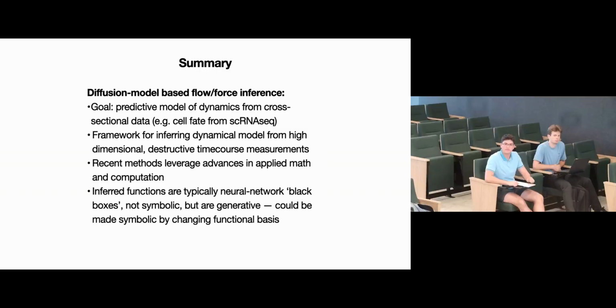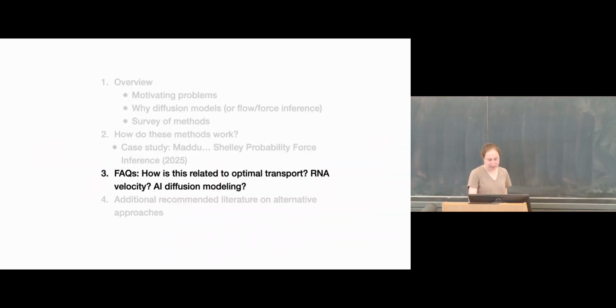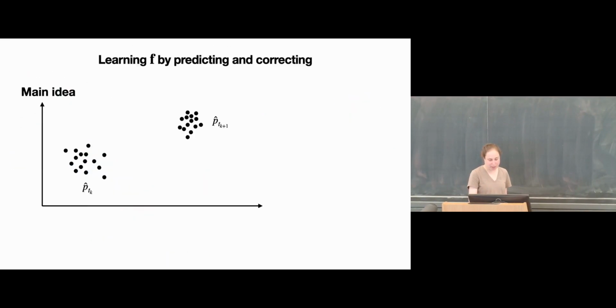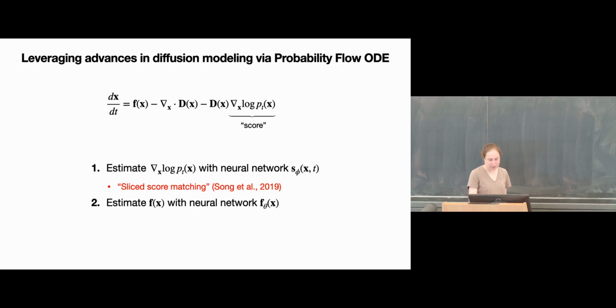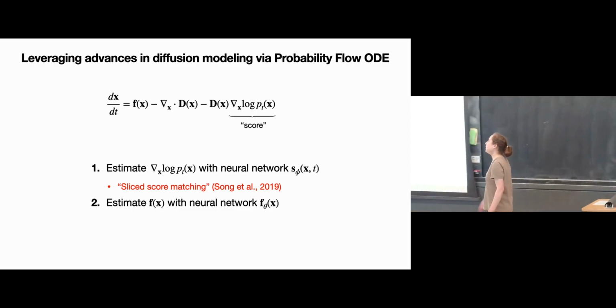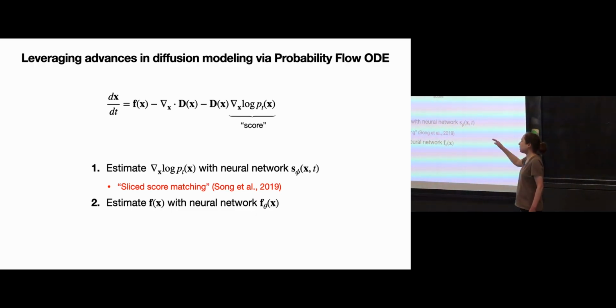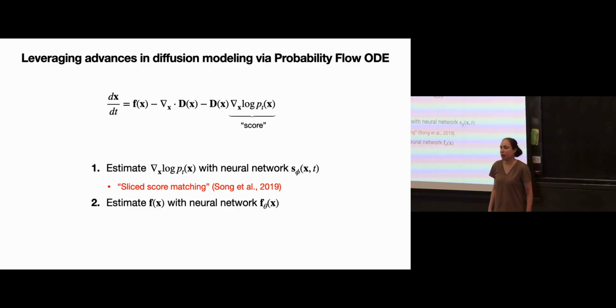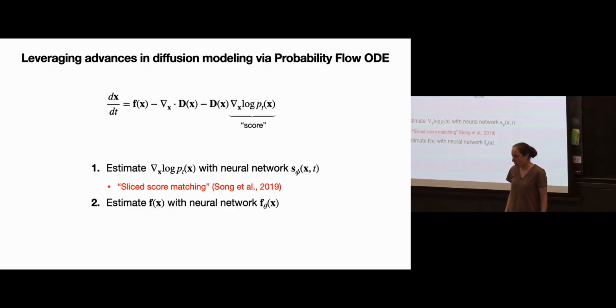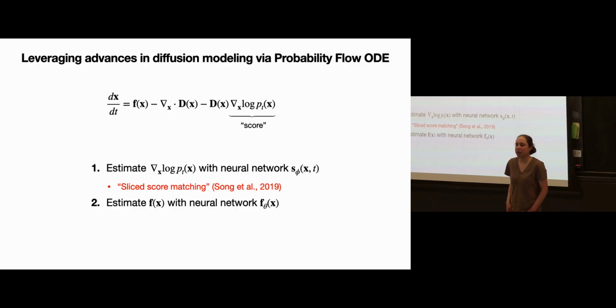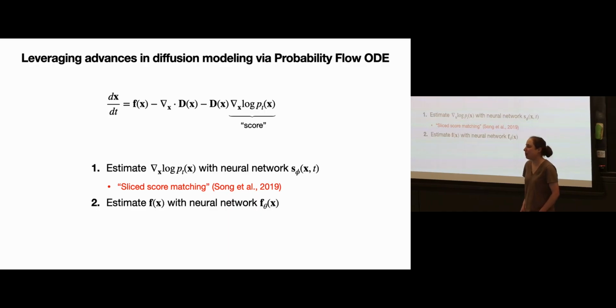Right, so it makes the inference problem for the deterministic ODE easier. It gives you more flexibility, for example, in what you can have D be, and the inference problem is still tractable.